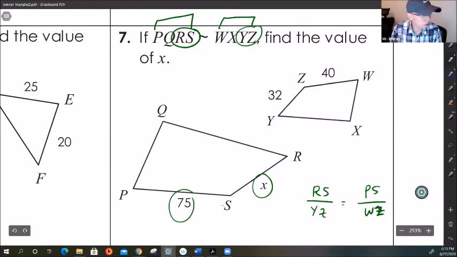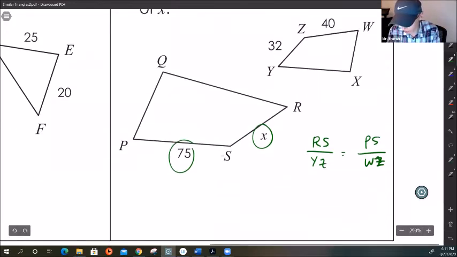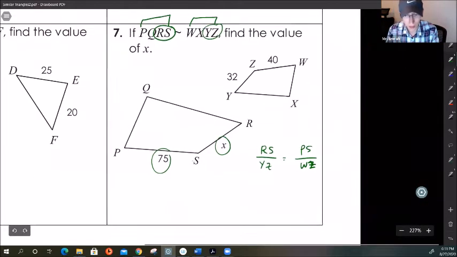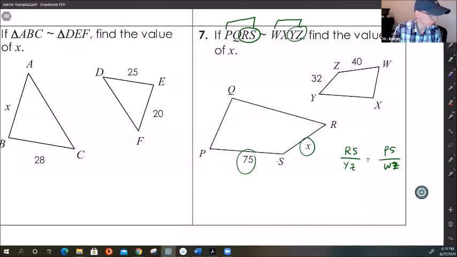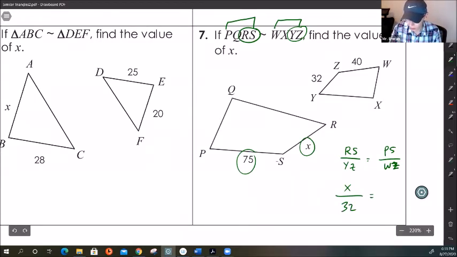So do I need to do this if it is so obvious? Not necessarily. You can write x over 32 is equal to 75 over 40. But if you don't see that, or if you want to make sure that your answer is absolutely correct, RS is given as x, and then YZ is given to me as 32, and then PS is 75 over WZ is 40.